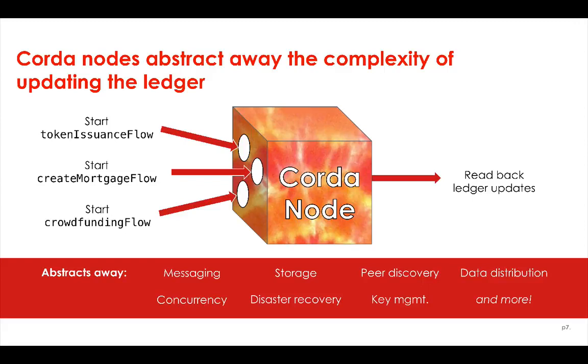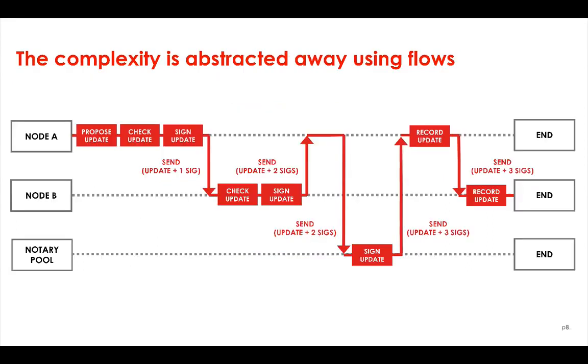And the advantage of the node is that all the horrors of distributed systems, cryptography, and data management are completely hidden from the user. So you don't have to worry about messaging or about storage or about peer discovery, data distribution, concurrency, disaster recovery, signing. All of that is abstracted away by the node software.